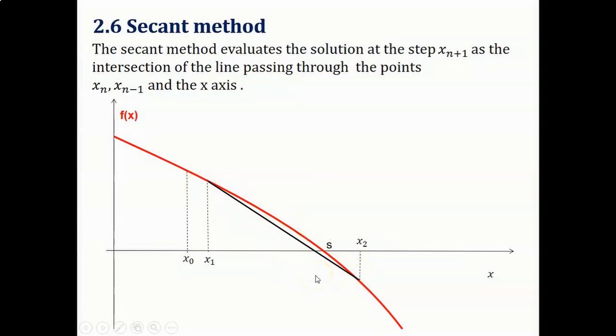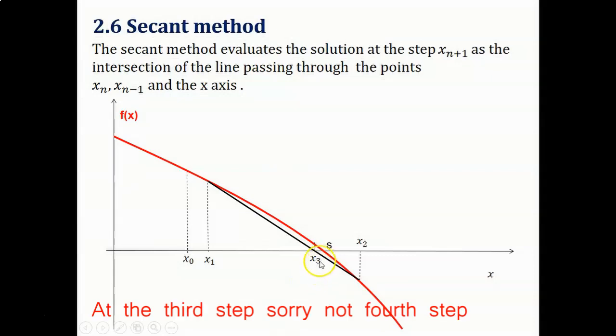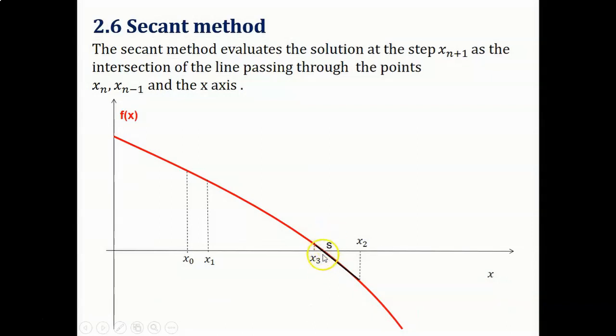So this is the solution at the second step. And then for the solution at the fourth step, I consider the points x2 and x3, and I get the x4, which, as you can see here, is very close to the solution.